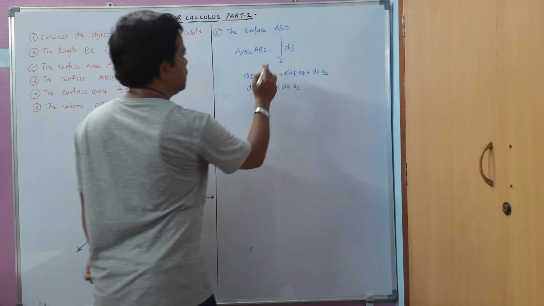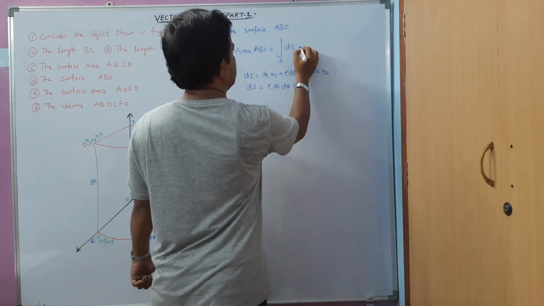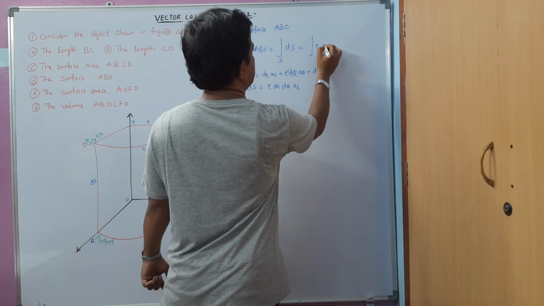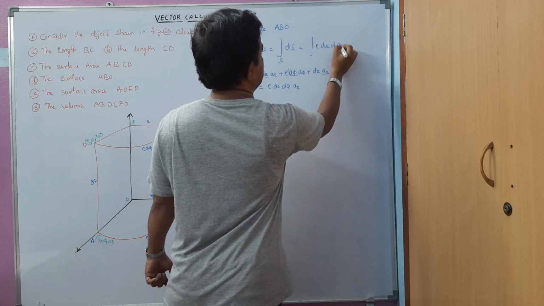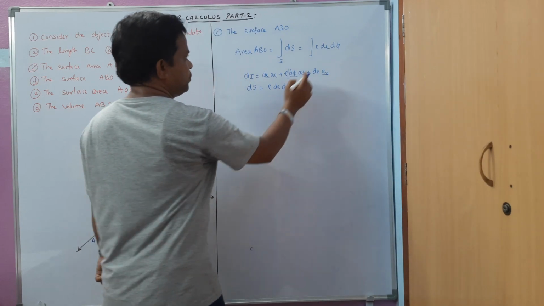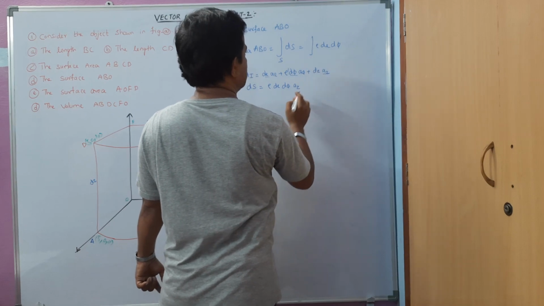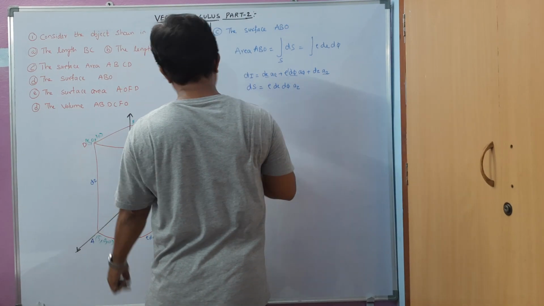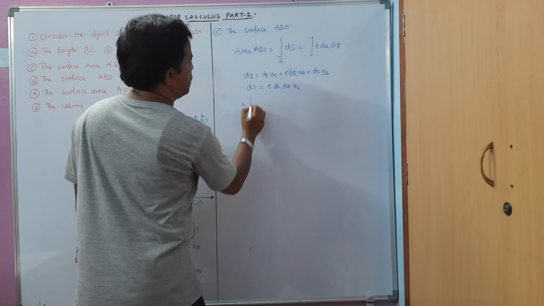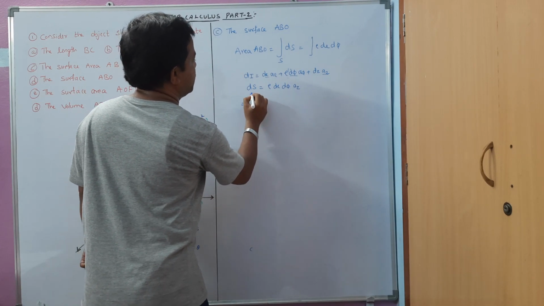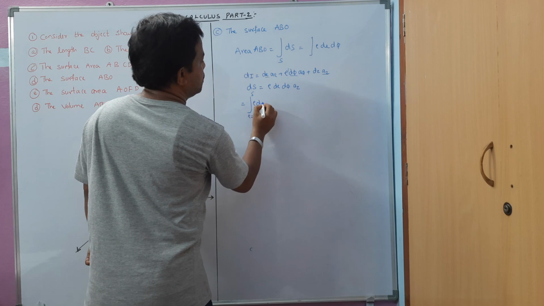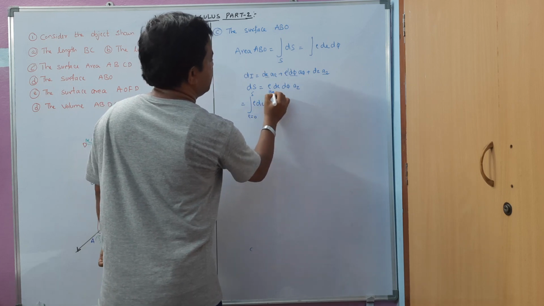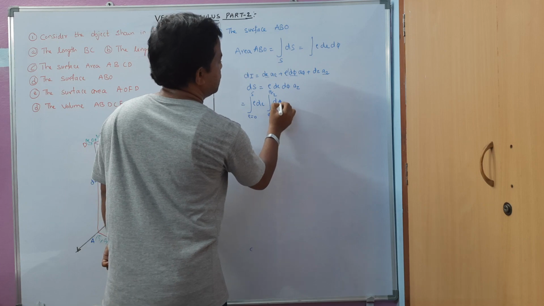Now let us substitute that here. I get the surface integral of rho d phi. We need to integrate rho varying from 0 to 5, that is rho d rho, and phi varying from 0 to pi by 2 into d phi.